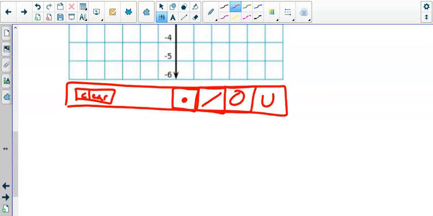So again, since we're graphing a line, you would actually come in here and click on this guy. And in order to graph a line, you have to click on 2 points. So you found 2 points. You found the x-intercept and the y-intercept.